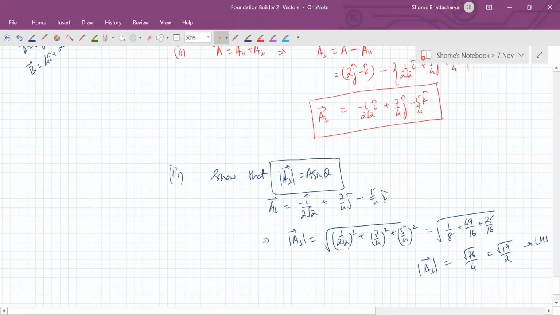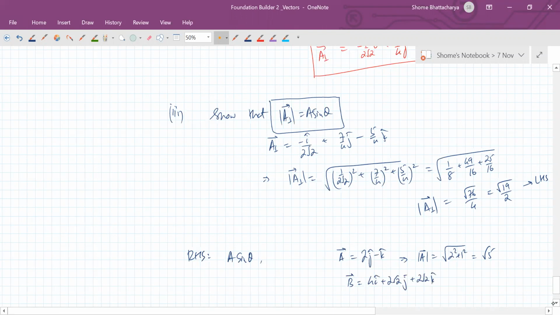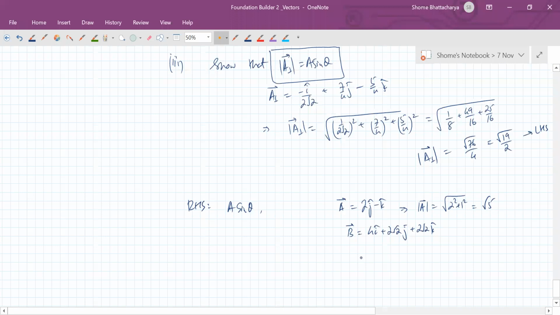Now how can we show that it's equal to the right hand side? So the right hand side is sine theta. I can see that the vector A was 2j cap minus k cap. So the magnitude of the vector A was square root of 5. Okay. And since B was 4 i cap plus 2 root 2 j cap plus 2 root 2 k cap, we have the formula for cos theta.